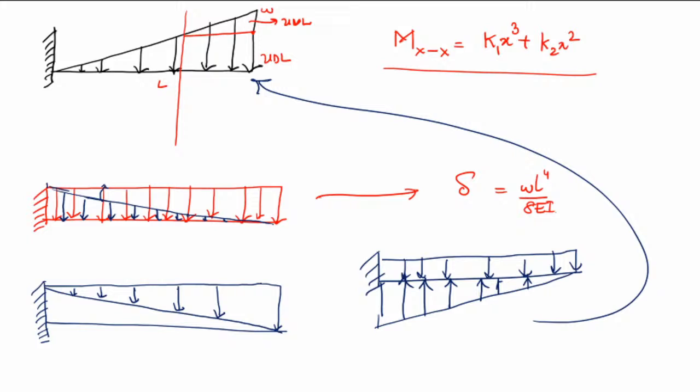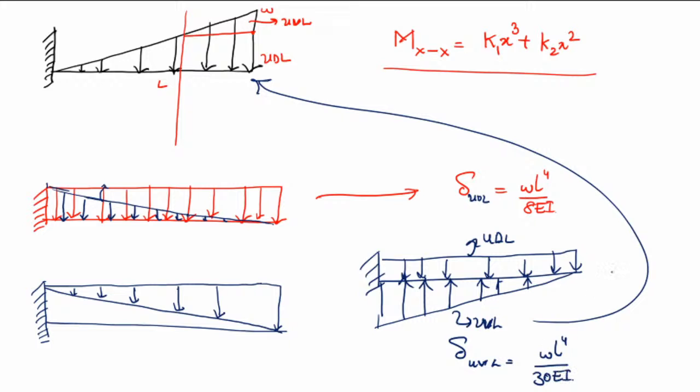So here we can take advantage of the standard results. One is the UDL and one is the UVL. These two are standard loading situations. So delta due to UDL is WL power 4 by 8 EI, and delta due to UVL, just now we have derived as WL power 4 by 30 EI.